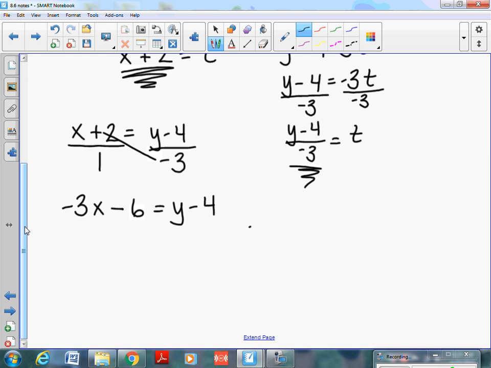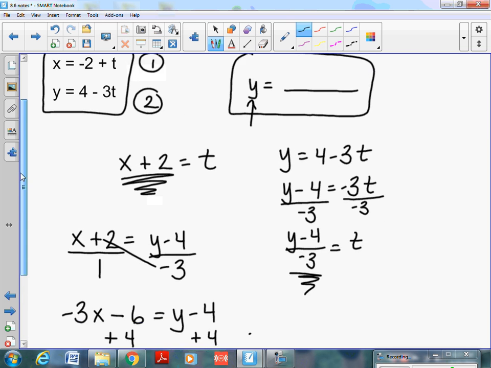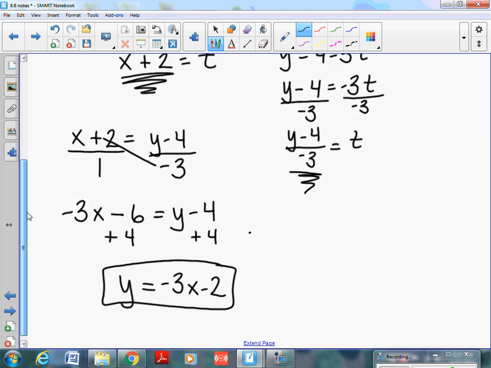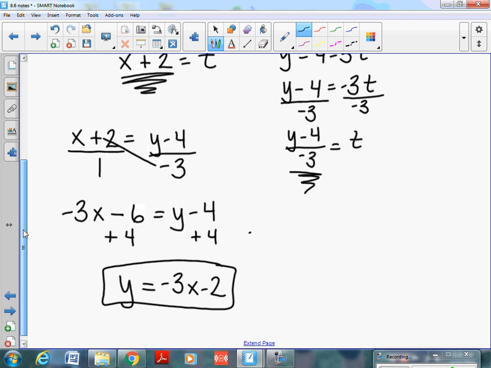I took 1 and multiplied it by y minus 4. One last step is to add 4 to both sides. Final: y equals negative 3x minus 2. I went from parametric, which is up there, into an algebraic equation. You need to know how to go back and forth, because if there is time, you'll be able to switch it into time, which is variable t.